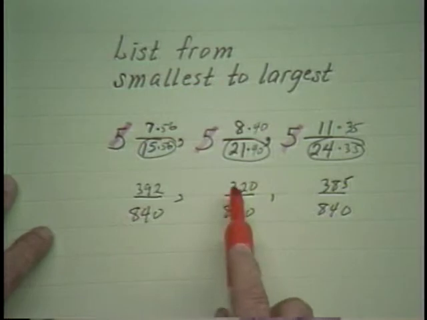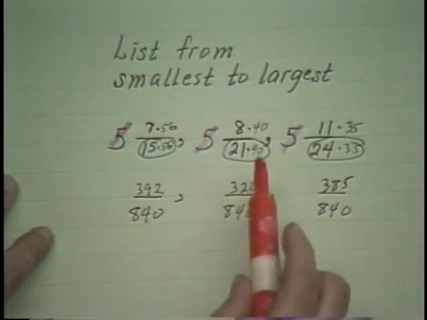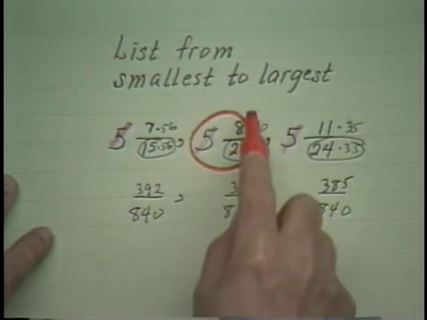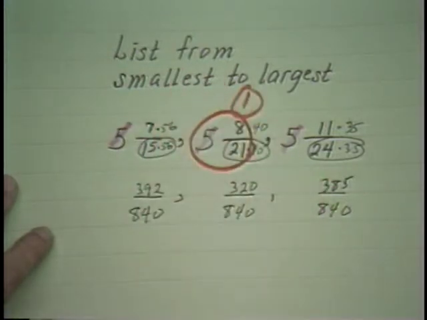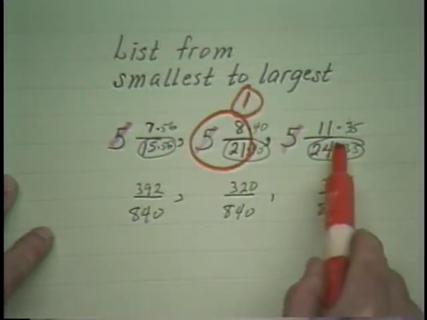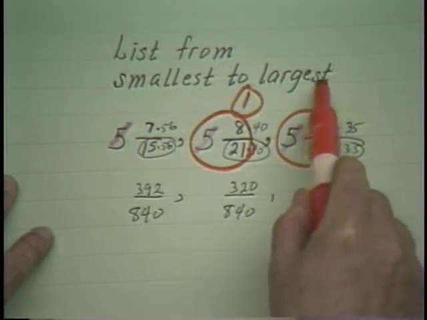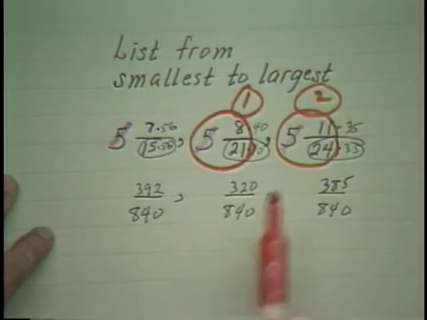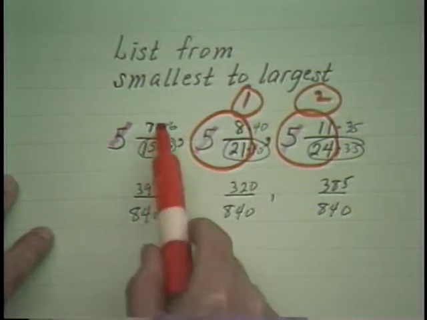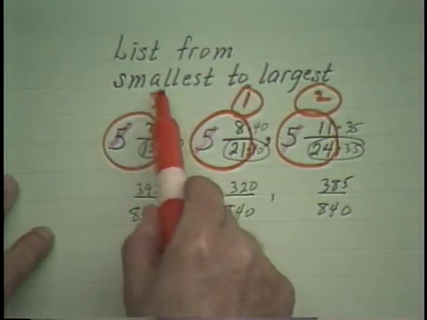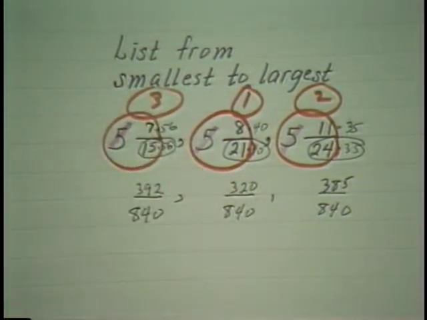But now, this is the smallest fraction, hence this was the smallest mixed number. This is the next smallest fraction, so this is the second mixed number in order of size, and this is the third. Messy, but the thought or system behind it is fairly routine.